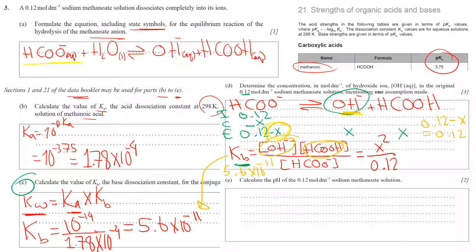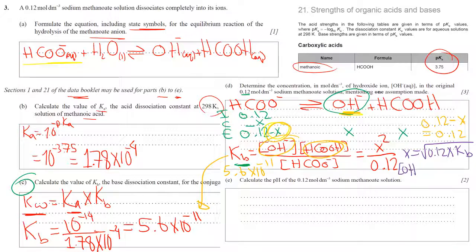So now it's very easy to calculate x, which will equal the square root of 0.12 multiplied by the value for Kb.